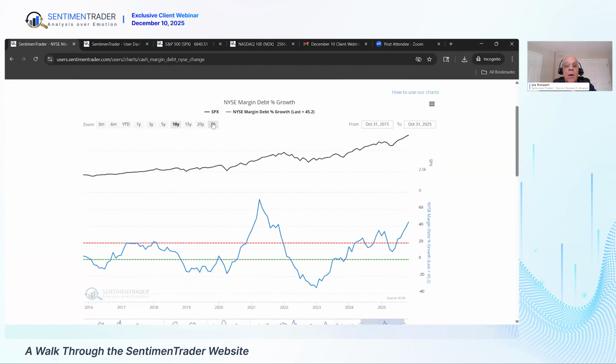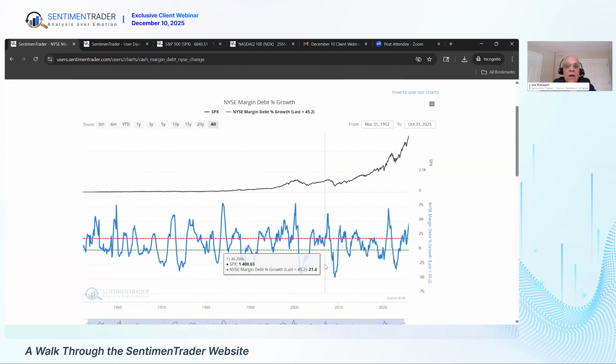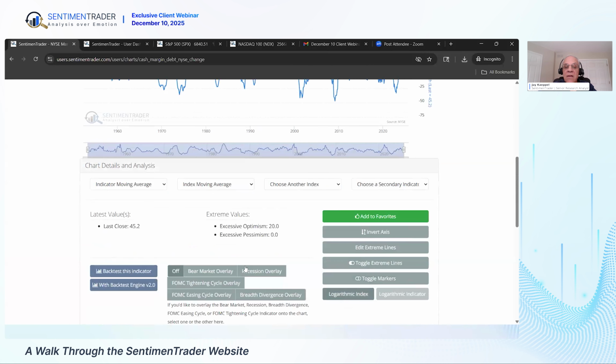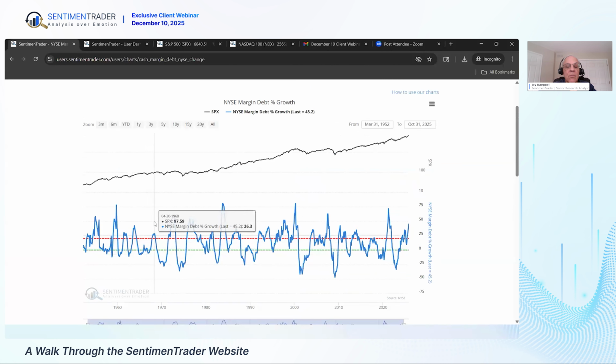So margin is how much money people are borrowing to buy stocks. It's a level of speculation. Okay. And this is the 12-month rate of change in that indicator. And what I have found is when it gets above 50%, it tends to portend trouble in the market.